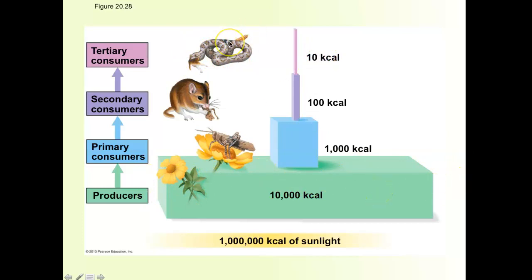So that means that the snake needs to look around and have a wider area for searching for food, because this is not enough to sustain it. This little plot of diagram land is not enough calories to sustain the snake.